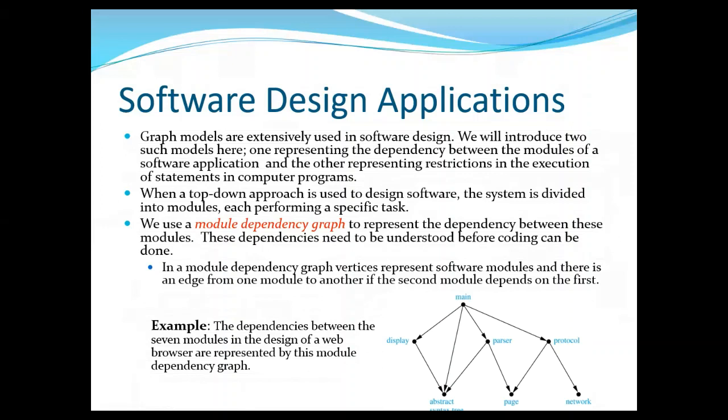We have directed paths or directed edges to determine, if we're going to process something, based on a certain scenario, where it will go: which function will be next, or which module will process the data next. So that's the application of graphs in software design.